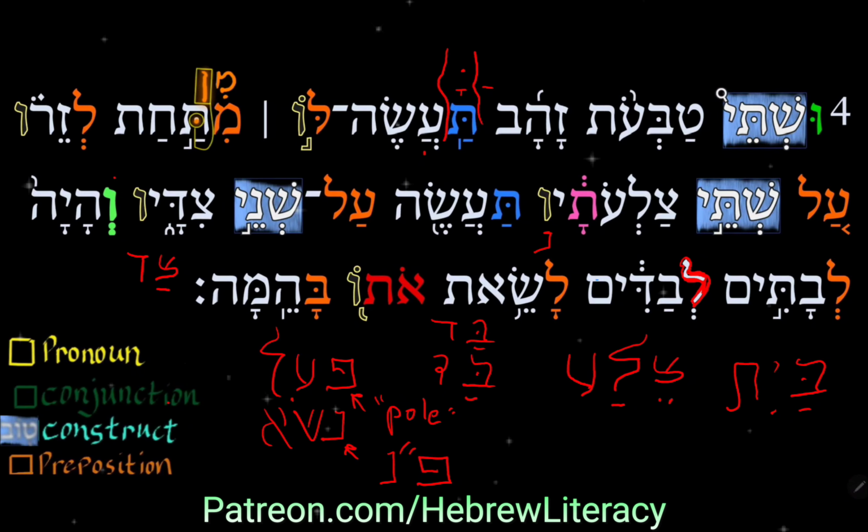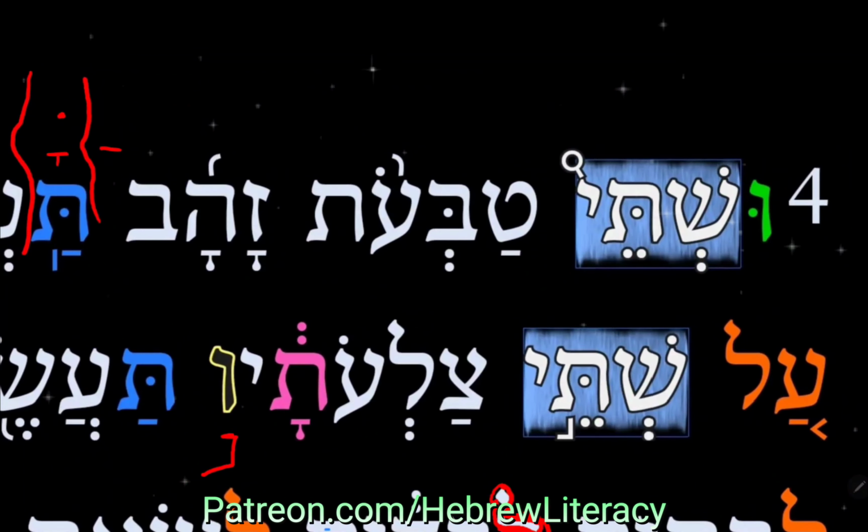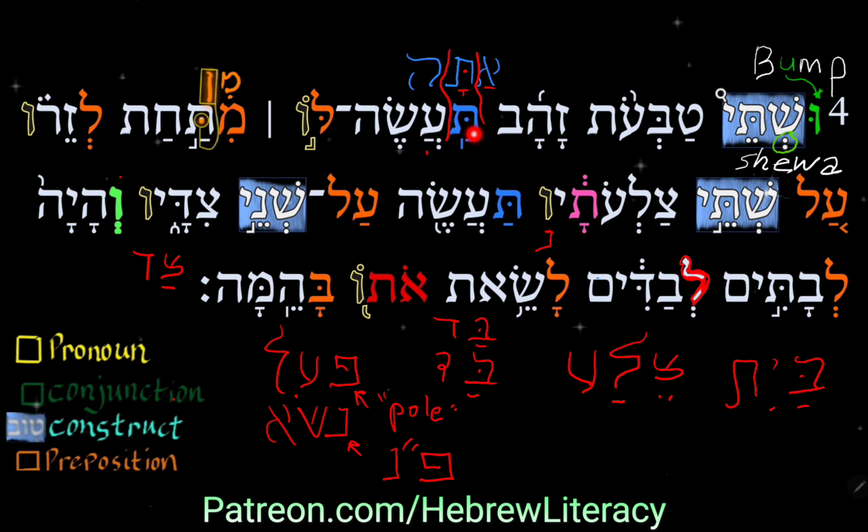Ush'tei, and 2 of tabot, rings, zahav, gold. Taaseh, you shall make, lo, for it.